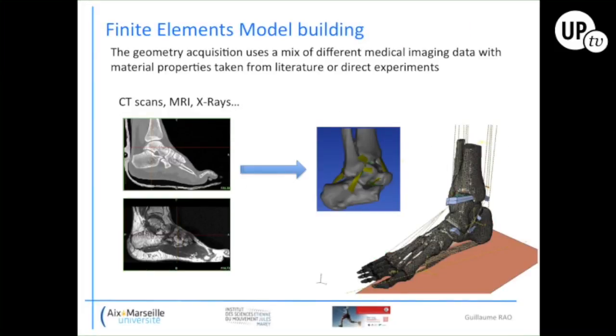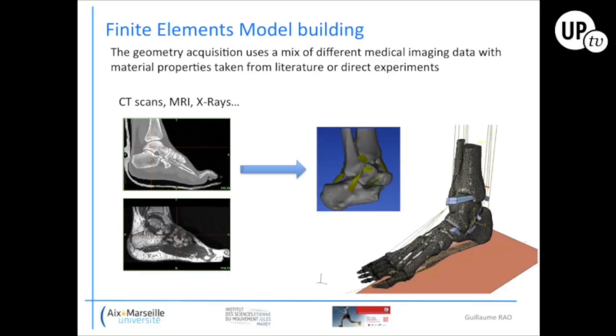The finite element model building is a classical one. So we use geometrical acquisition using medical imaging data. We also used material properties taken from the literature or direct experiment, as for the heel pad, for example, using CT scans, MRI, X-rays, in order to be able to obtain a geometrical structure of the foot.